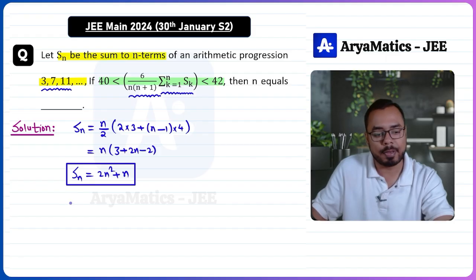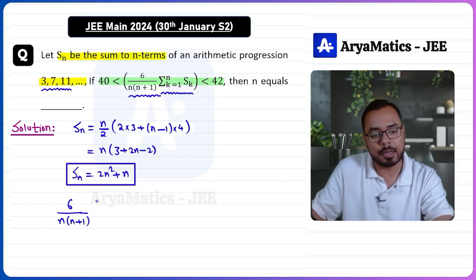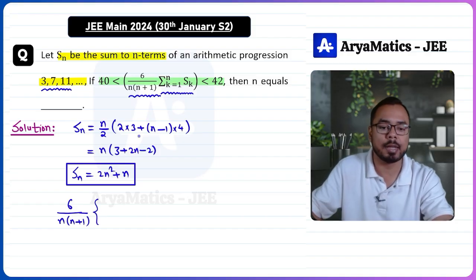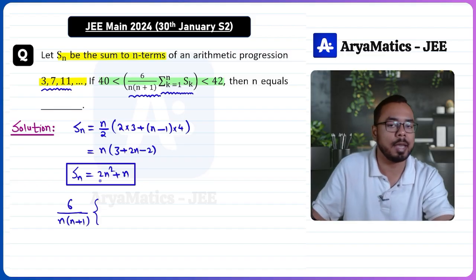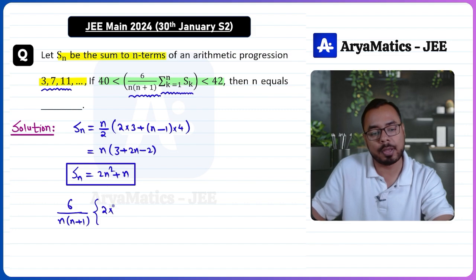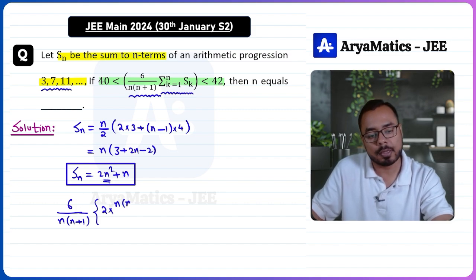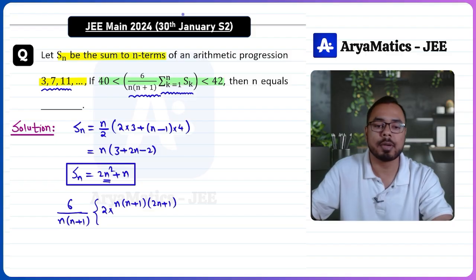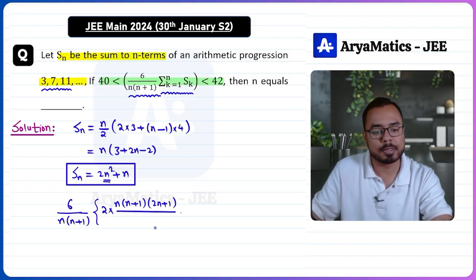So basically if I apply sigma on this one, 6 by n into n plus 1, this we can keep common, and sigma Sk, or Sn and k from 1 to n. So this will be nothing but 2 into sigma n square, so that is n plus 1 multiplied by 2n plus 1, right? Sigma n square is n plus 1, 2n plus 1, and that divided by 6.